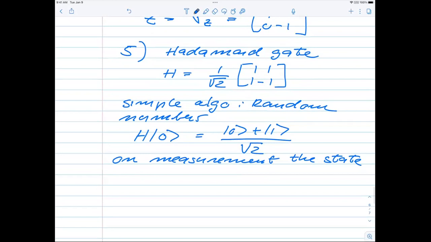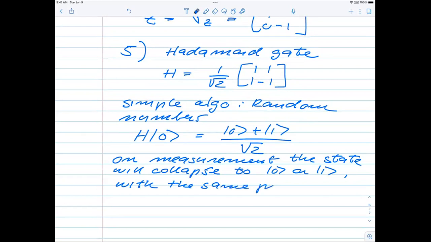On measurement, the state will collapse to either 0 or 1. So that's the measurement, and the probability is the same for each, which is 1 divided by square root of 2 squared, which means 50%.